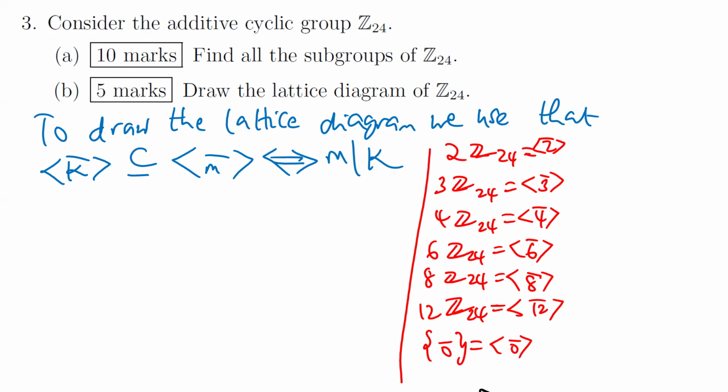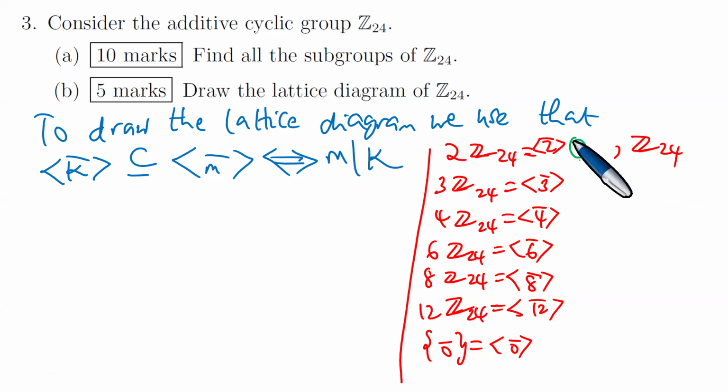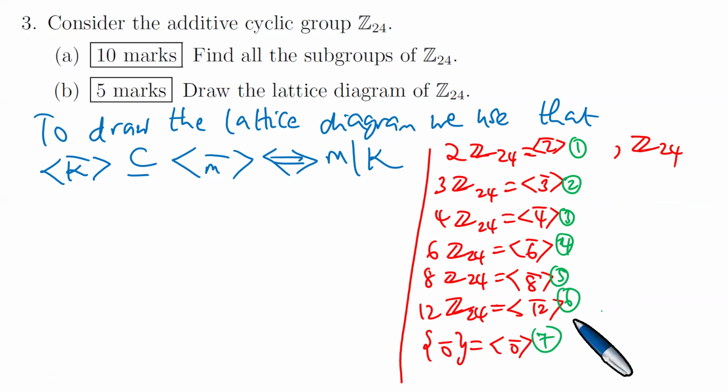And it means the one of order 1. And then we also have Z24 itself. So with this notation, in any order, there are 8 like this.